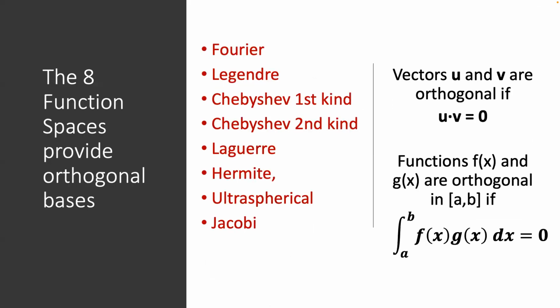So there are actually several function spaces that provide orthogonal bases. Fourier transform is something that we all know. We use it for audio signals a lot. But in this framework, we have used Legendre, but there are others also. But the idea is the same. Just like vectors are orthogonal if the dot product is 0, functions f(x) and g(x) are orthogonal in an interval if the integral of the product is 0.